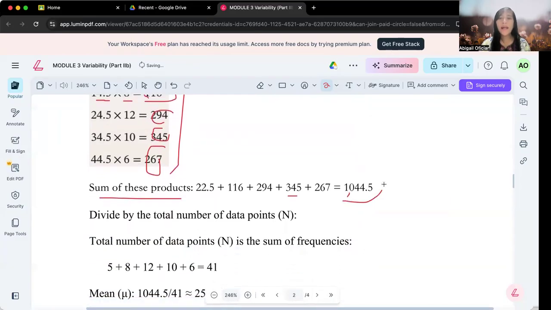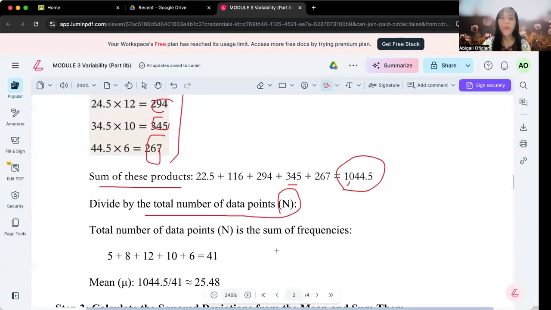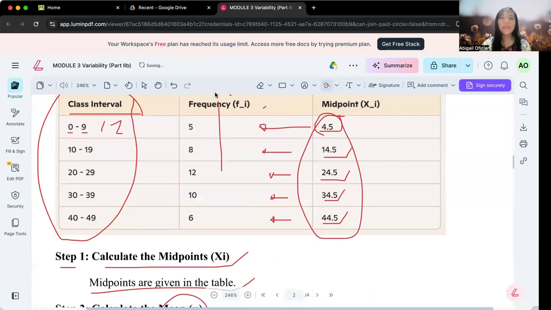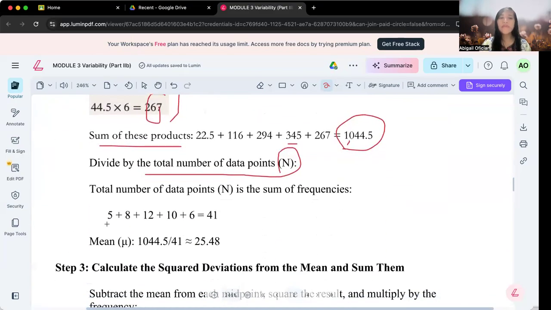Now, we will divide by the total number of points. How many is our total number of points? To compute that, we just add the frequencies. So we have here 5 plus 8 plus 12 plus 10 plus 6, and the answer is 41.